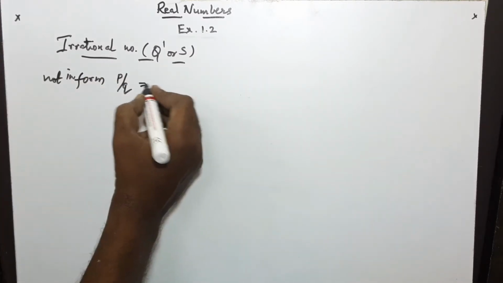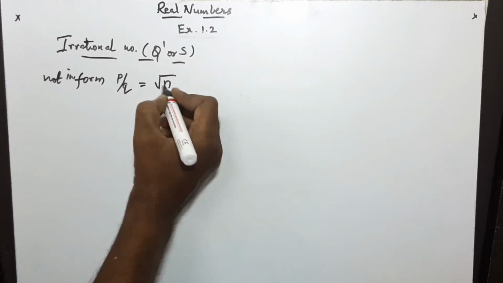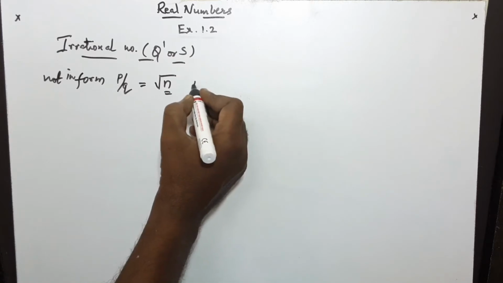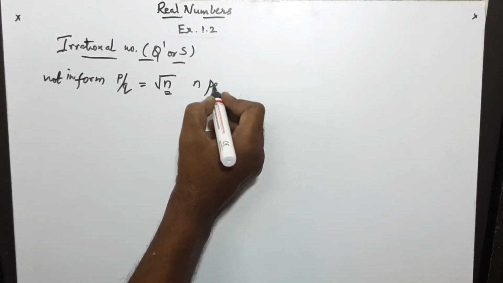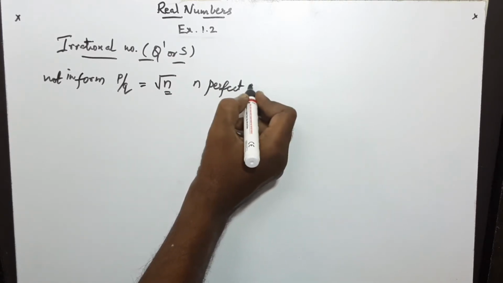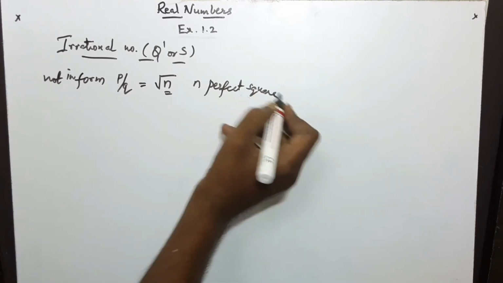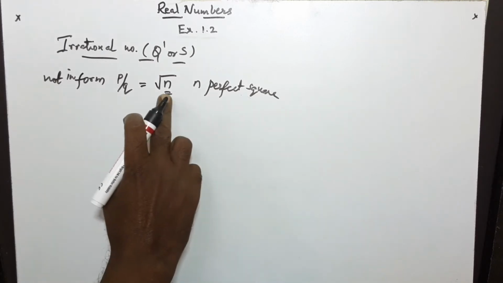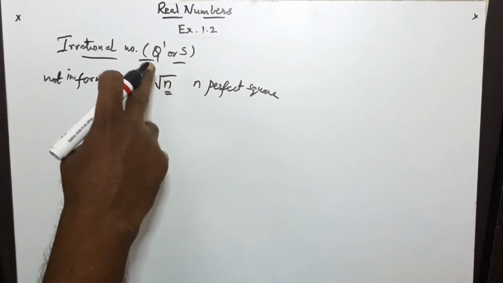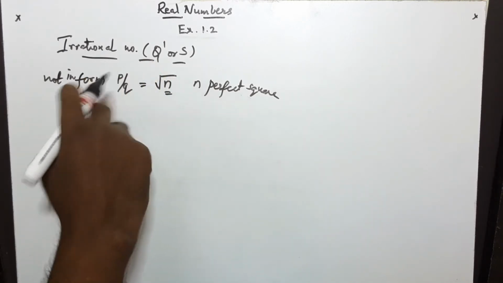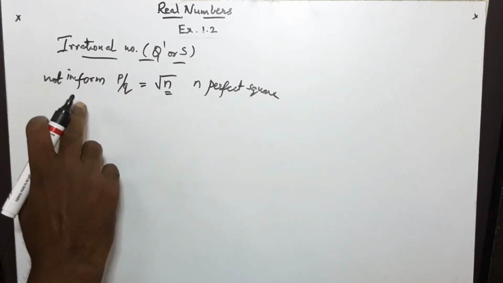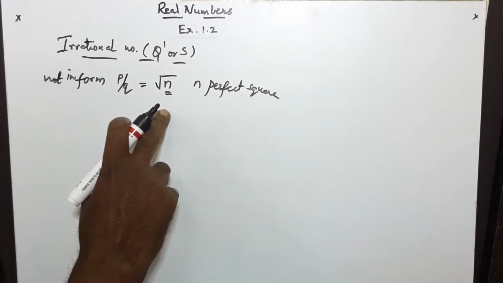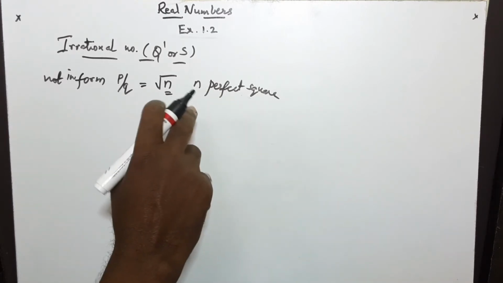It should be in the form of root n, where n should not be a perfect square. If n is a perfect square, then we do not call it an irrational number. Therefore, an irrational number is not in the form of p by q, and it is in the form of root n, where n is not a perfect square.